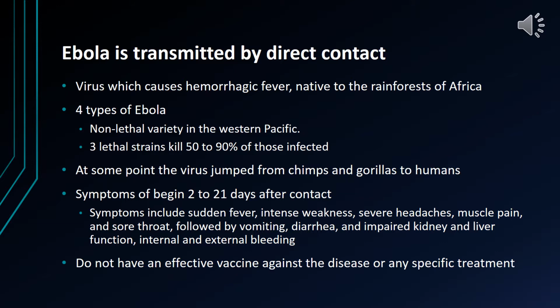And also the most characteristic symptoms of Ebola are internal and external bleeding, and I've heard it said that Ebola essentially jellifies your organs. And at the moment, we do not have an effective vaccine against the disease or any specific treatment, though I'm sure we will in the future. I hope, anyway.